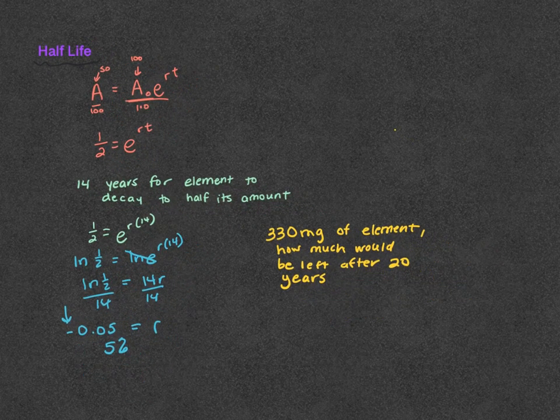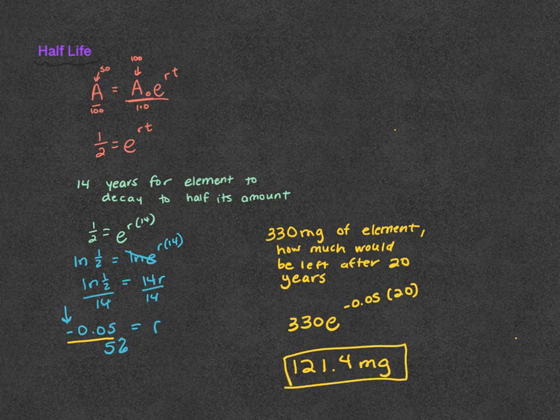So now I'm going to use my a sub 0, which is now 330, times e to the rt. Now r is back in decimal form and it's negative, and t is 20. And then again, let the calculator do the work on that. So 330 e to the negative 0.05 times 20. And you would have left 121.4 milligrams of that element.